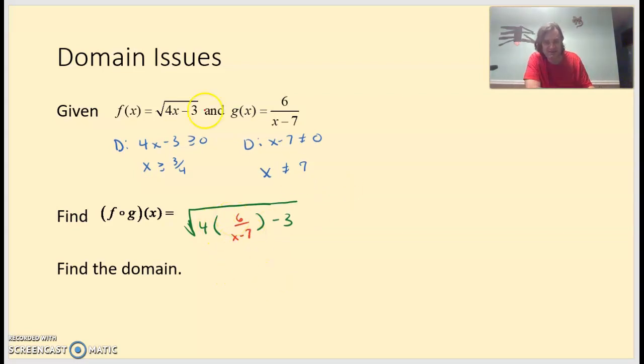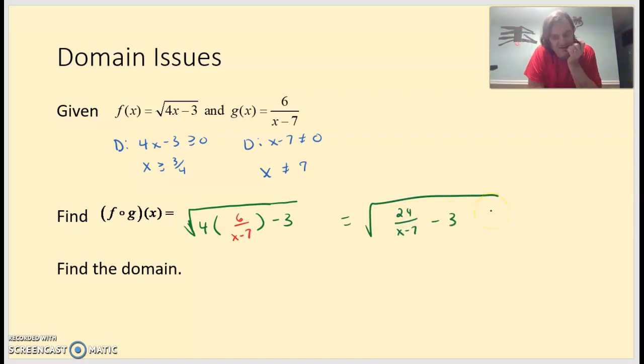If I clean that up just a little bit, I'll have 24 over x minus 7 and then minus 3, all under the root. A couple things we've got to figure out is how we can talk about the domain of this thing. First of all, we can't use anything that didn't work in the original functions. So 7 is out, anything less than 3/4 is out.